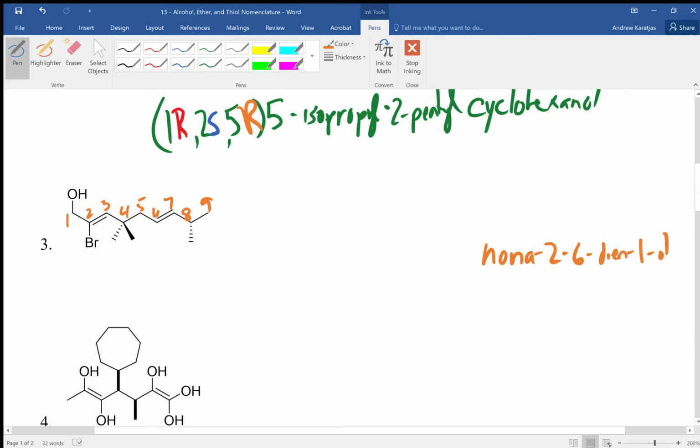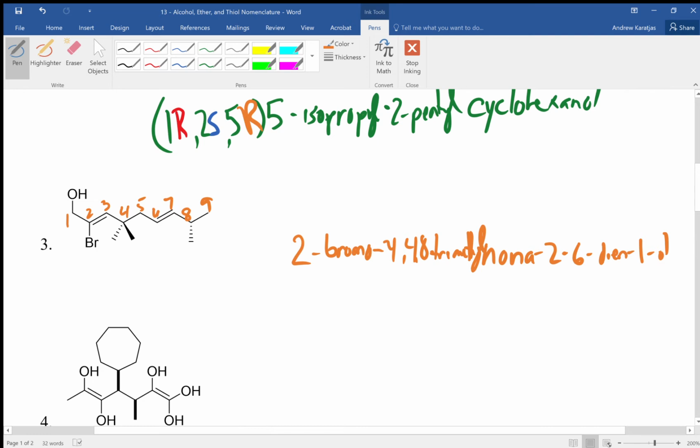For this one, we do have to put the number for the alcohol in the middle of the name because we have multiple functional groups within the parent name. We also have our substituents, 2-bromo, 4,4,8-trimethyl.